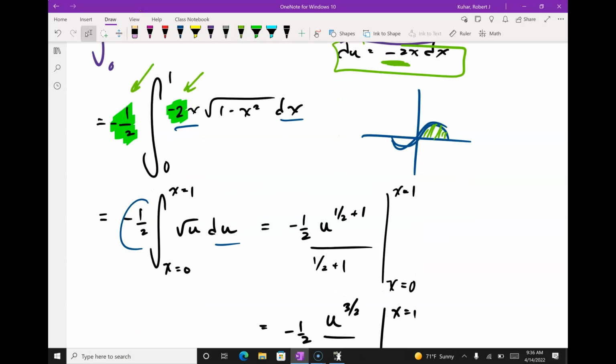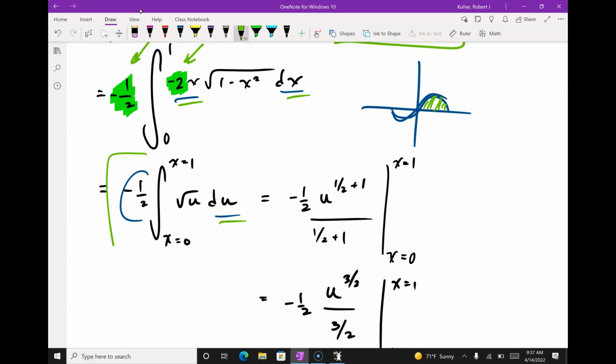Now, on my integral piece, I have in blue-green, I have du. And the square root of the inside is square root of u. So now I have this integral, and I'm noticing that I've changed everything to the variable u except for my bounds.